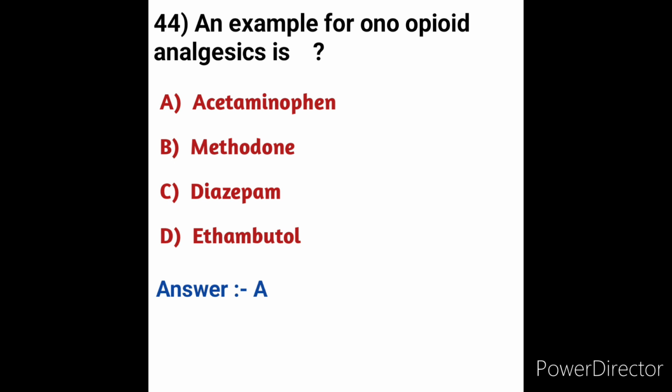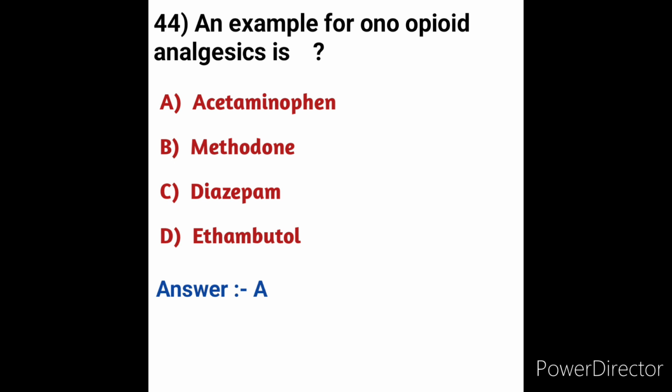Here option A is the correct answer, acetaminophen. Acetaminophen is used to treat mild to moderate pain like headaches, menstrual pain, toothache, backache, cold and flu, and also arthritis. Okay friends, the non-opioid analgesic is option A, acetaminophen.